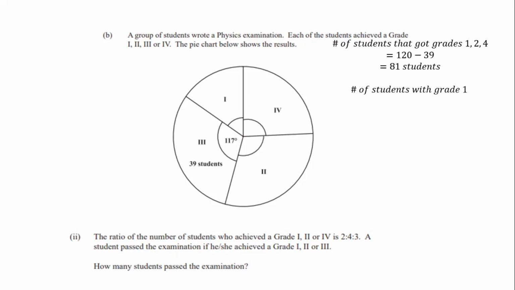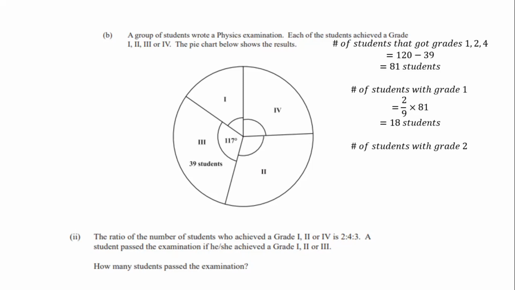So number of students with grade 1 is 2 over 9. So the ratio of 2 over 9, the ratio attached to grade 1, which is 2 over the total ratio, which is 9, multiplied by the 81 students from this group. So when we work that out, what we'll get is 18 students getting grade 1.